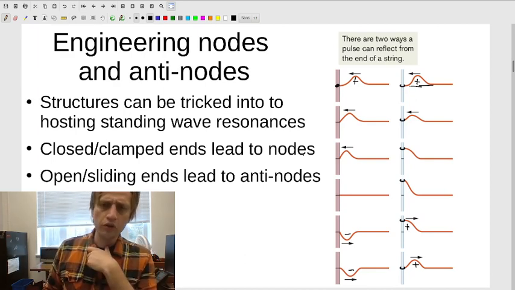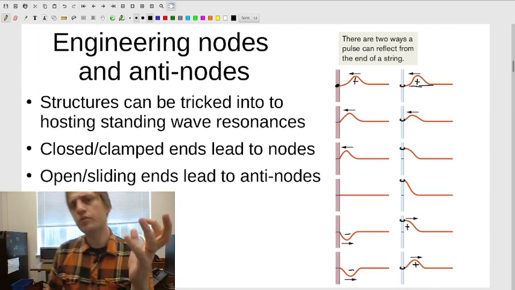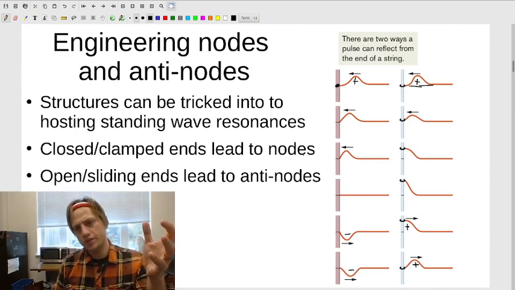So today we're going to look at different examples involving musical instruments that employ this.